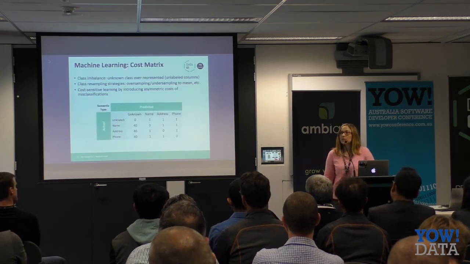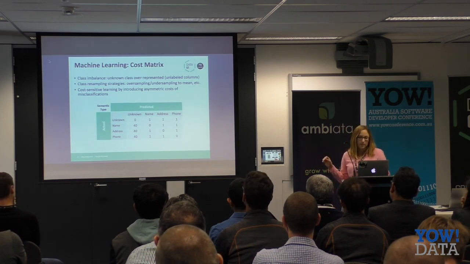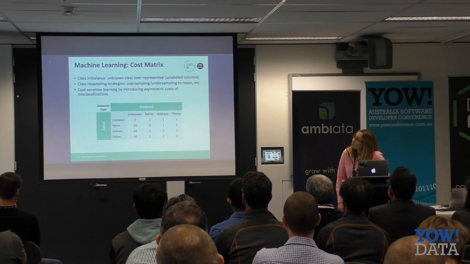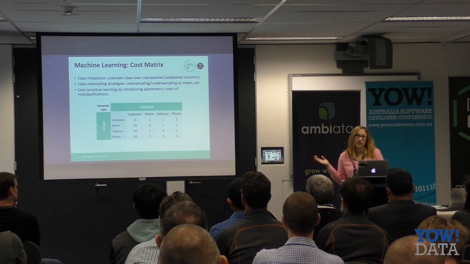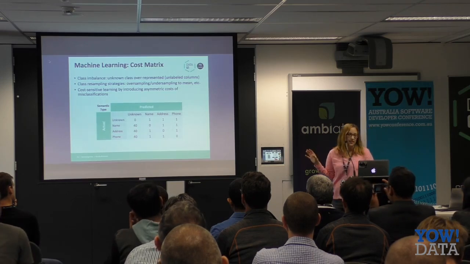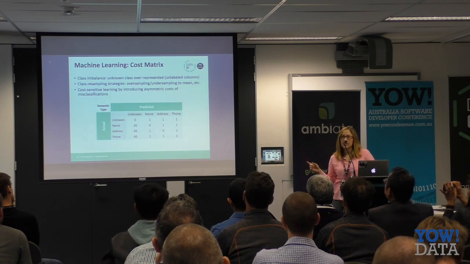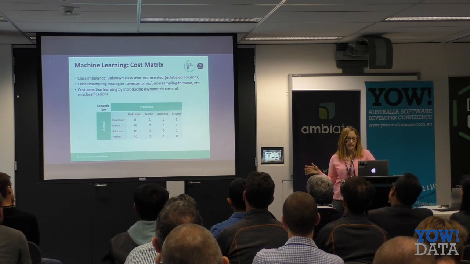One of the approaches which we looked at to handle the problem of class imbalance is, the standard approach, to use various class resampling strategies. But we found that using cost-sensitive learning, where we introduce asymmetric costs for misclassifications, works much better in our case.